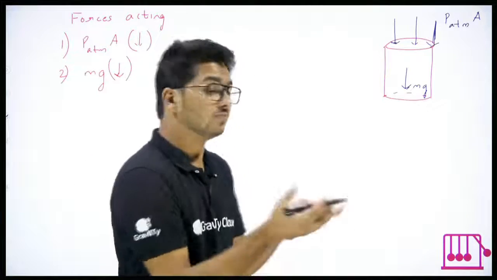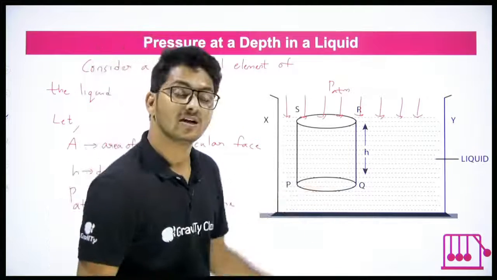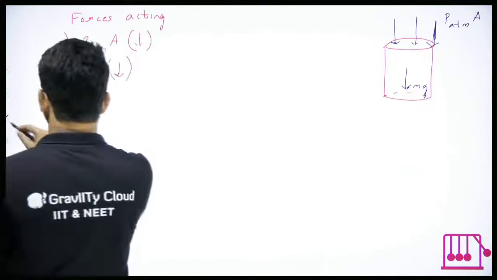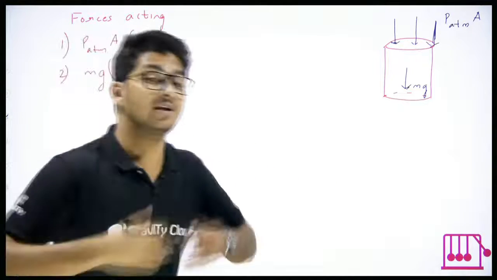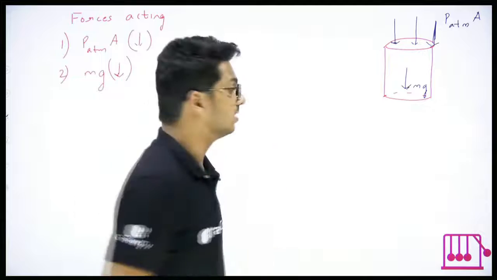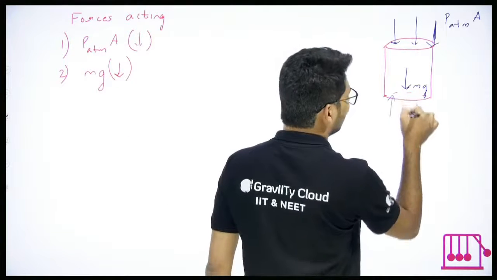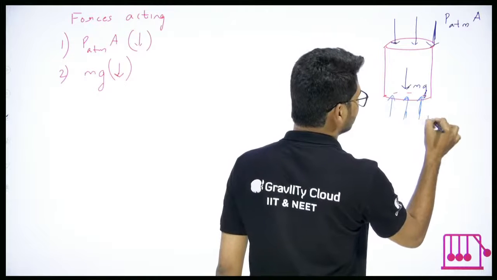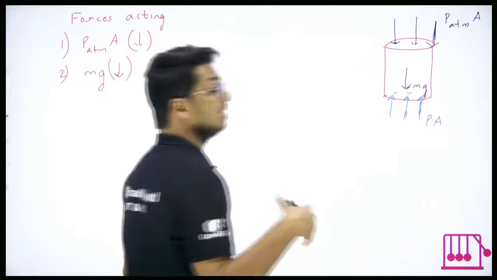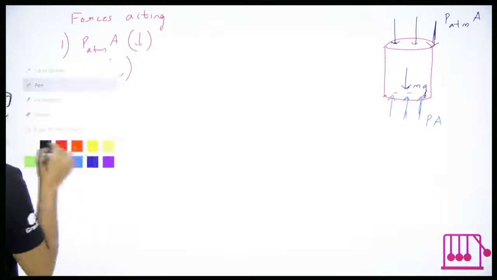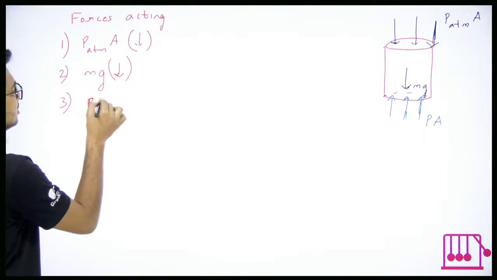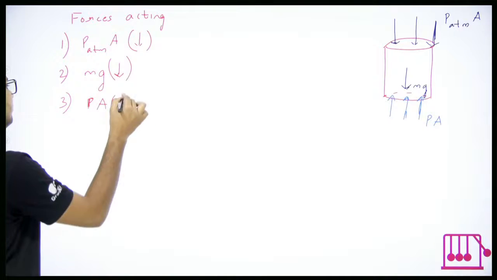At the bottom there is liquid. What that liquid does is it applies an upward force, because as I told you, pressure by liquids always pushes the object. And there let's say the pressure is P. So the force will be pressure into area, and it acts upwards.